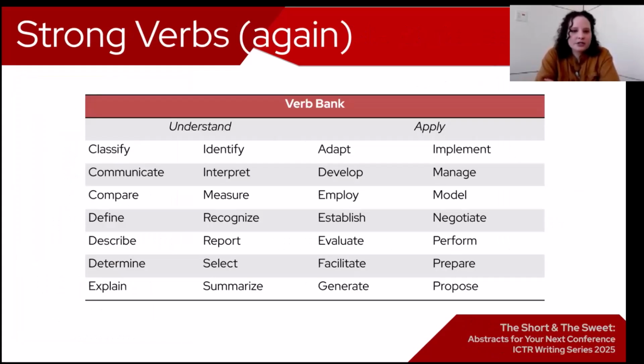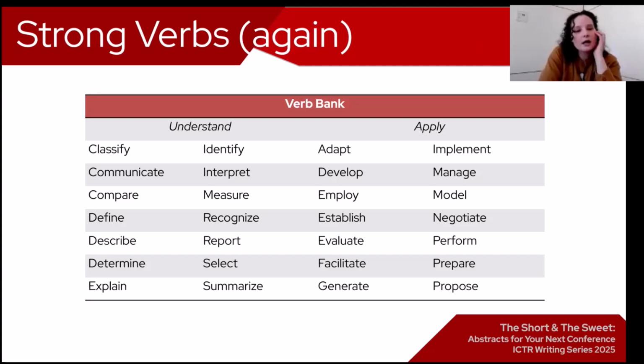Instead, I would suggest verbs such as these. This is not all-inclusive by any means, but we have an example of 2 categories of verbs. I have them divided into understand, or more like initial learning type objectives.